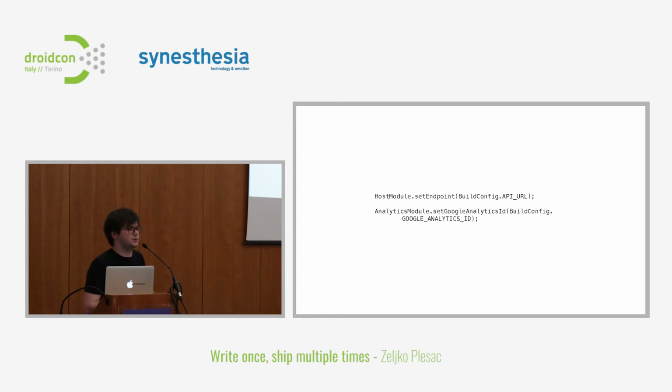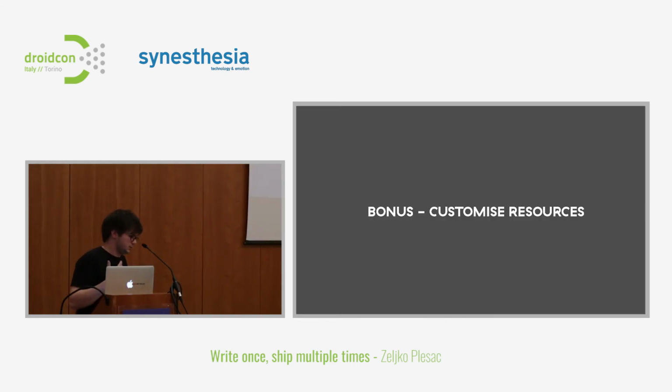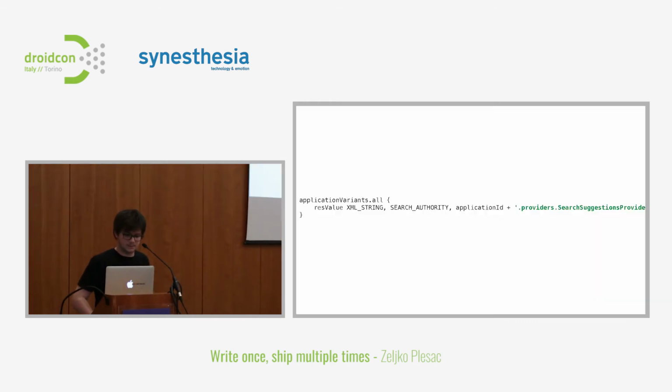And the awesome thing is that build config is generated every time Gradle syncs. So basically, all of the changes are automatically deployed to your apps. Also, Gradle is an awesome tool to basically customize everything. You can customize resources, you can customize configuration and stuff like that. This is just a simple example of how to customize resources.